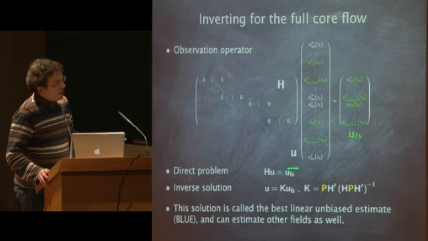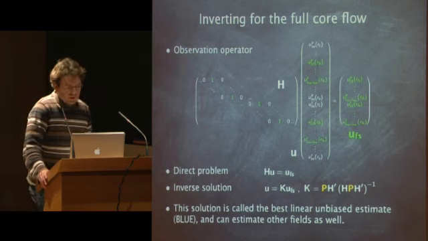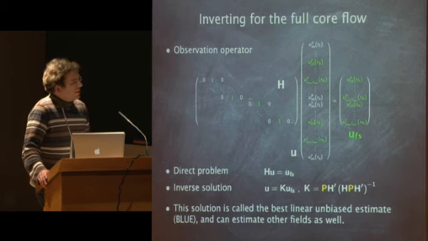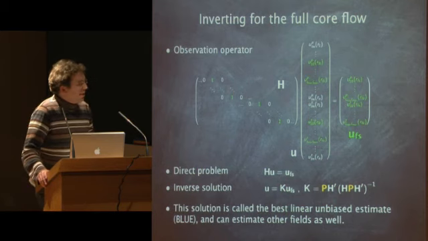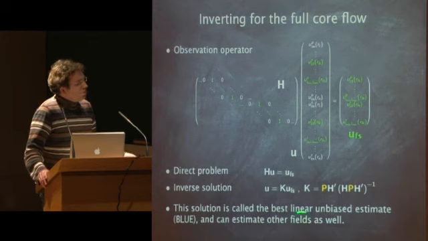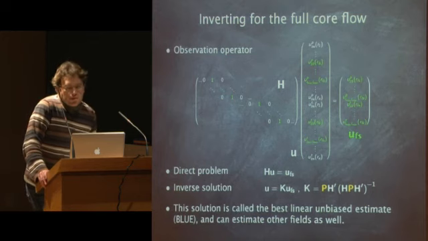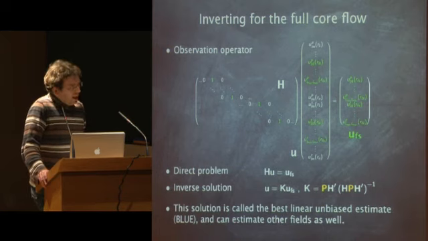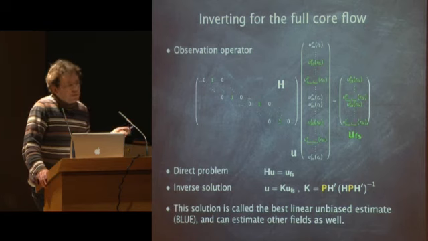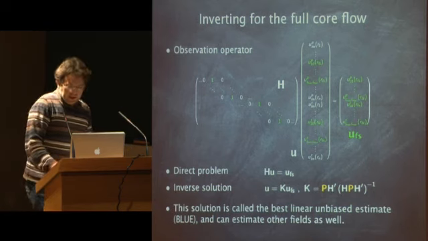And again, with a similar form, a least square inverse form similar to the previous form I presented. So this solution is quite general and is called the best linear unbiased estimate, BLUE in short. And this solution can be used to estimate also the deep structure of the magnetic field or of the temperature field. And this is how, for instance, for the magnetic field, I can come to an estimation of the errors that I previously presented.